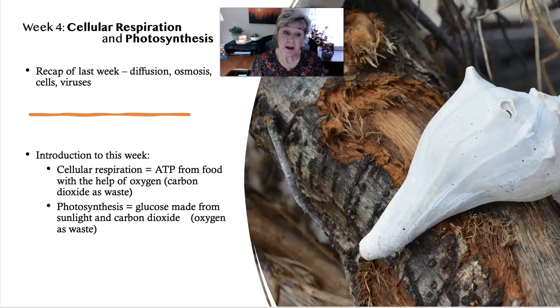You also learned about osmosis through the dialysis tubing experiment, where water diffuses over a membrane from areas of what? Higher concentration to lower concentration until equilibrium is produced, and that is osmosis.